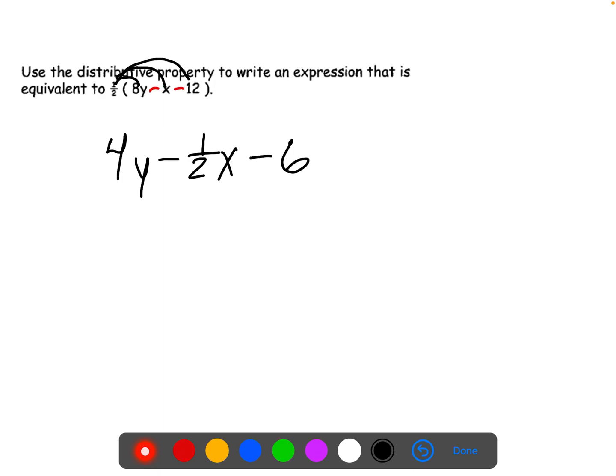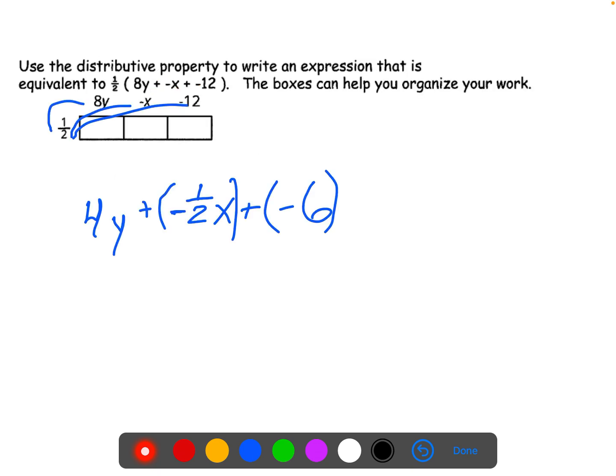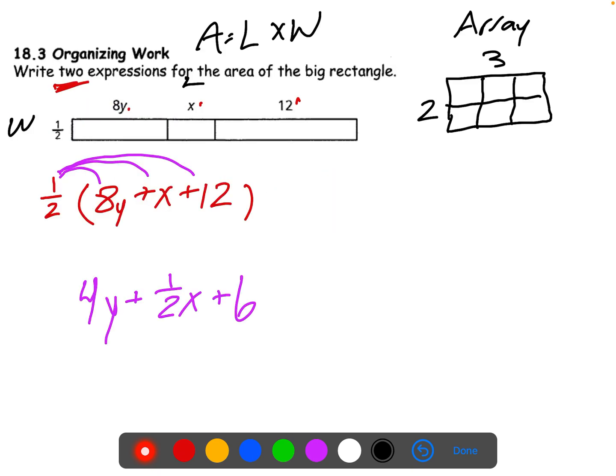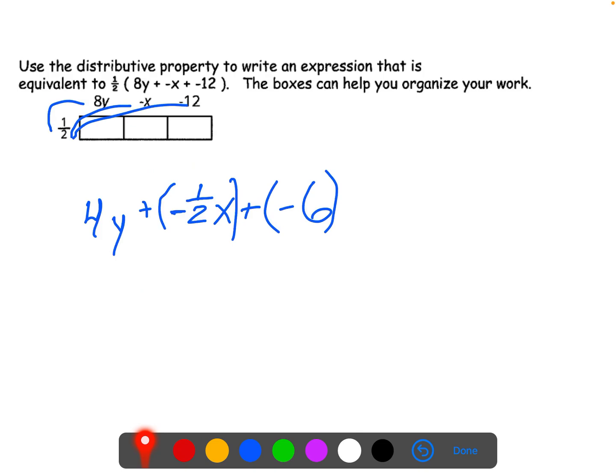Now, we need to compare these, and I kind of wish I had them on the same page. But if we look at what we've done here, in this first expression, we just found half of these three quantities. No difference, we were adding them all together. So that one, I think, is pretty straightforward. This one changed a little bit when the terms became negative.